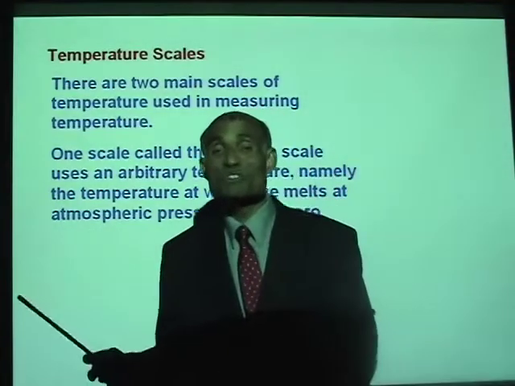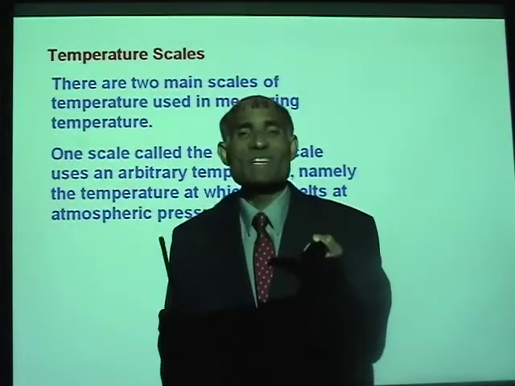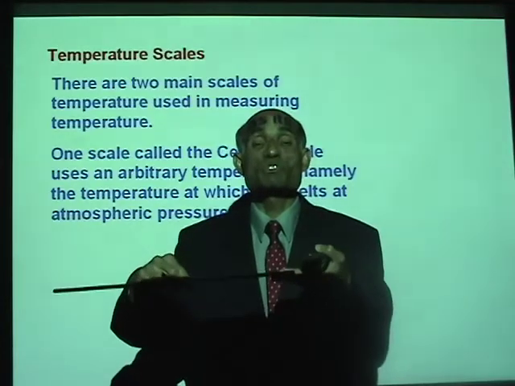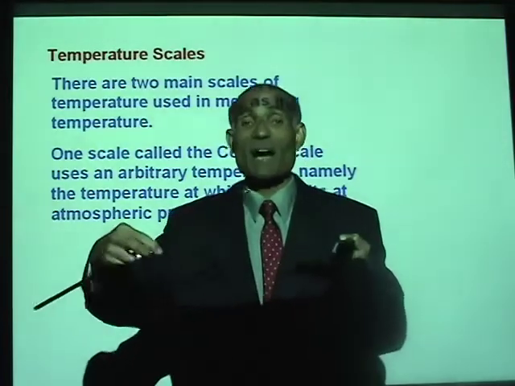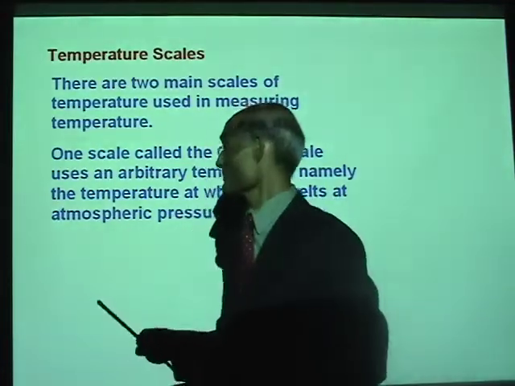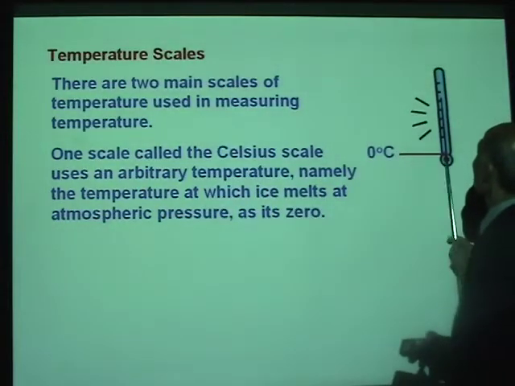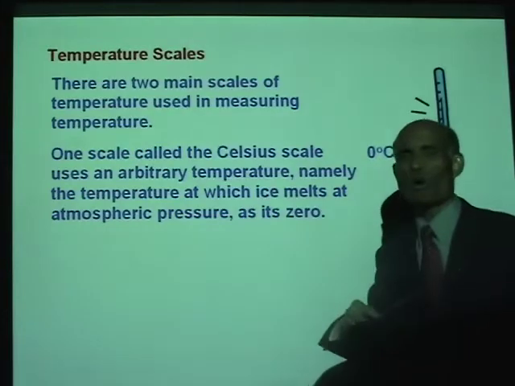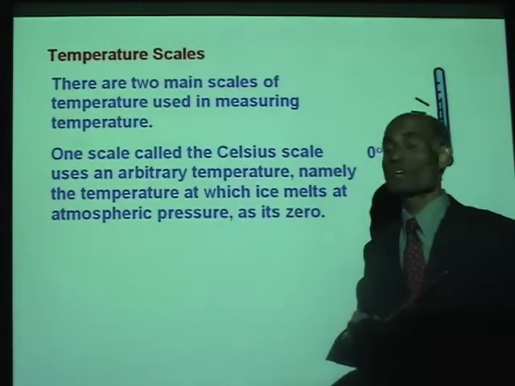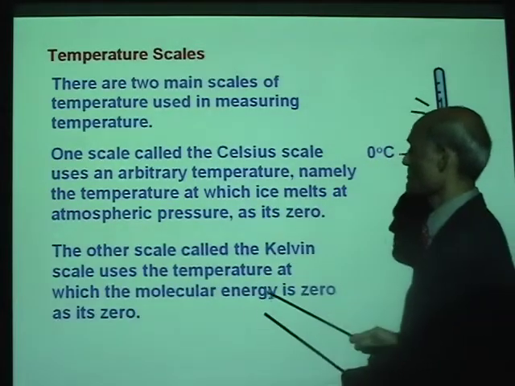So on the Celsius scale, 0 is the temperature at which ice melts at atmospheric pressure. So 0 degrees Celsius is called the ice point, the temperature at which ice will melt at atmospheric pressure.